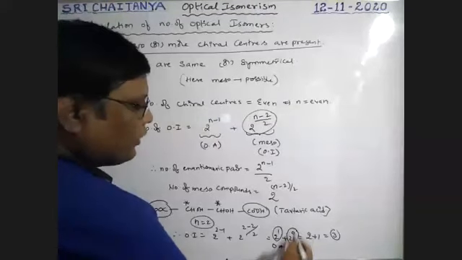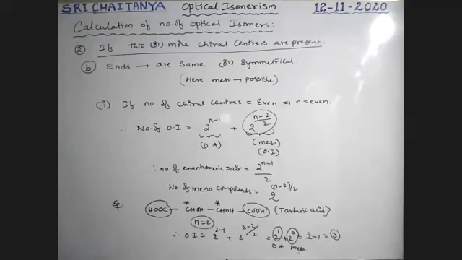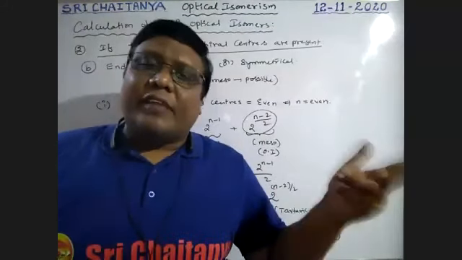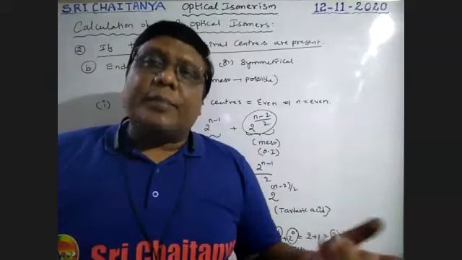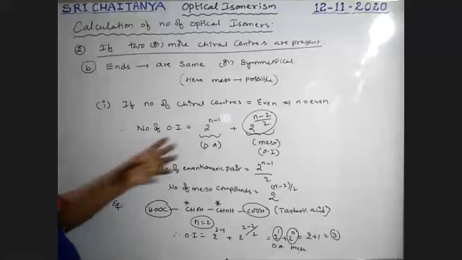This 2 power 0 is the meso. Okay, so like this you should calculate. So tartaric acid has one dextro form, one levo form, and the other one is the meso form.